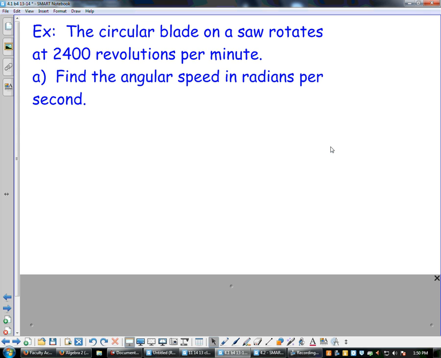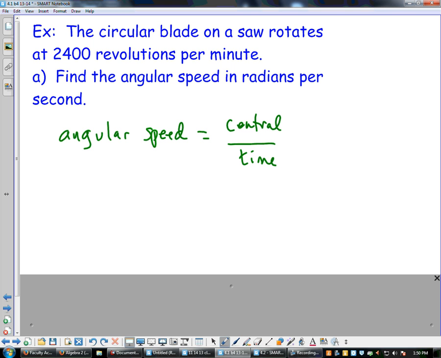All right, so we're trying to find the angular speed. What's our formula for angular speed? Angular speed is central angle divided by time.